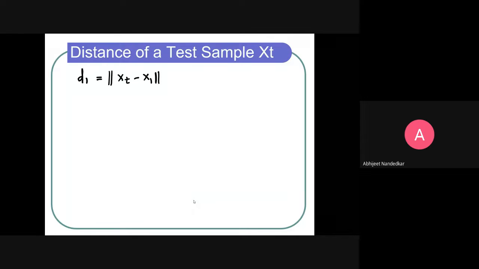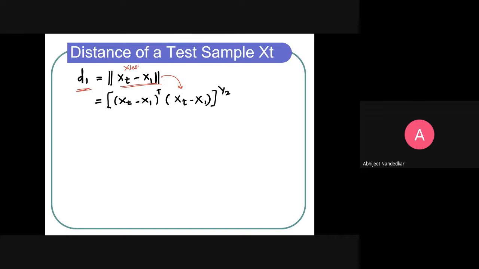So again, we are using the same minimum distance classifier technique, and we are re-deriving what we were doing there. Say this was distance d1, then you can write this distance as the norm of this difference vector, that is x test and prototype x1.